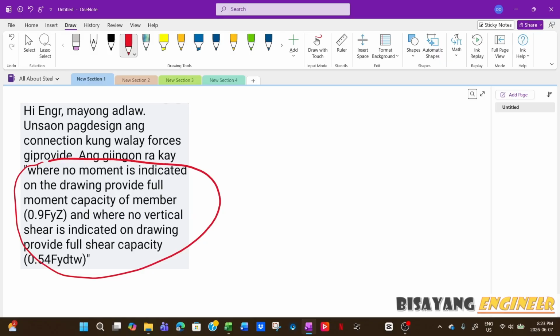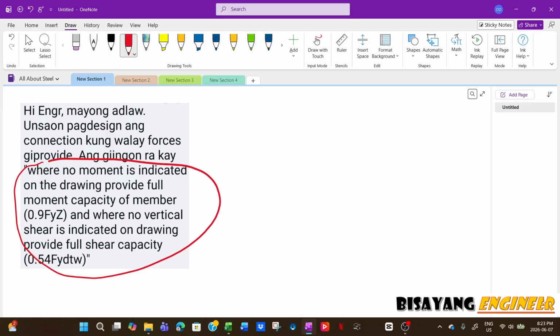Most of the time, whoever did the shop drawing is the one who will do the connection design as well. And they will hire a different engineer just to do the connection design and then detail.